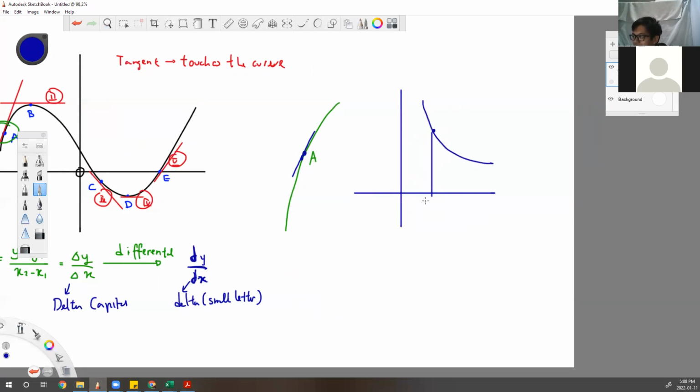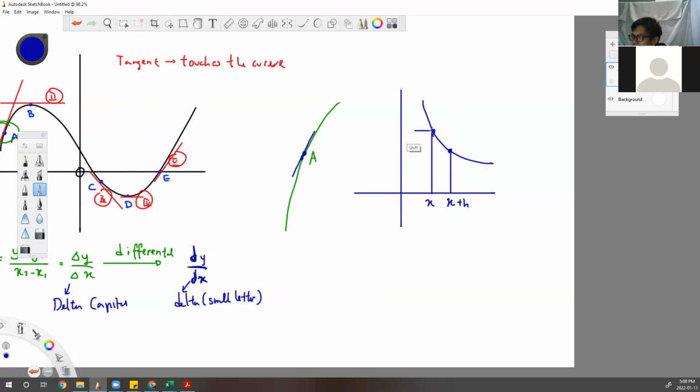For example, this is x. I want to pick one point that is near to x by h. So this is x plus h, right? This is x, and this is x plus h. What is h? h is the difference between the first x and the second x.